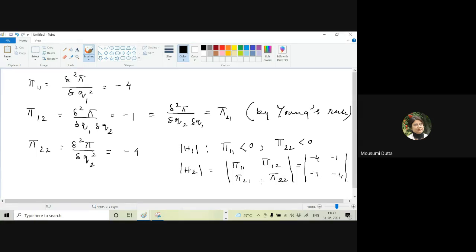Would you please solve this determinant? Ma'am, it's 15.